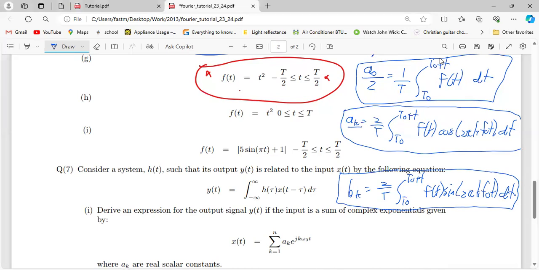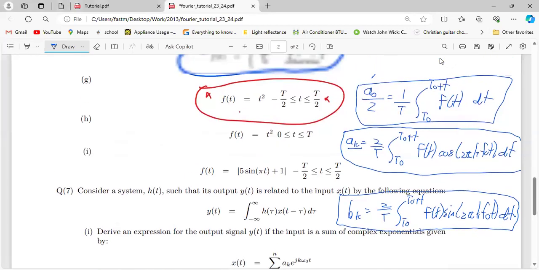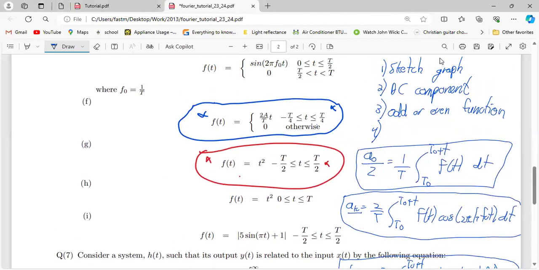And if you notice the function is odd, that means you only have to solve for BK because AK will be 0. That's why this odd and even step is important. And the fourth step is just to solve them, which is basically integrating. Right? So those are the steps that you need to remember.